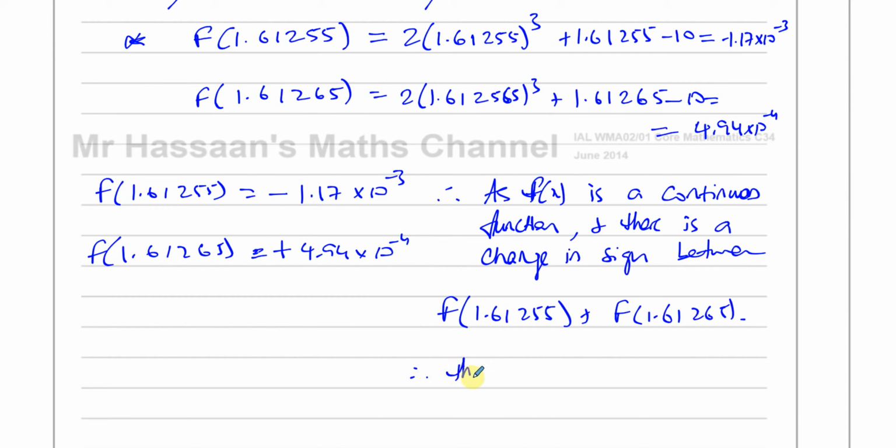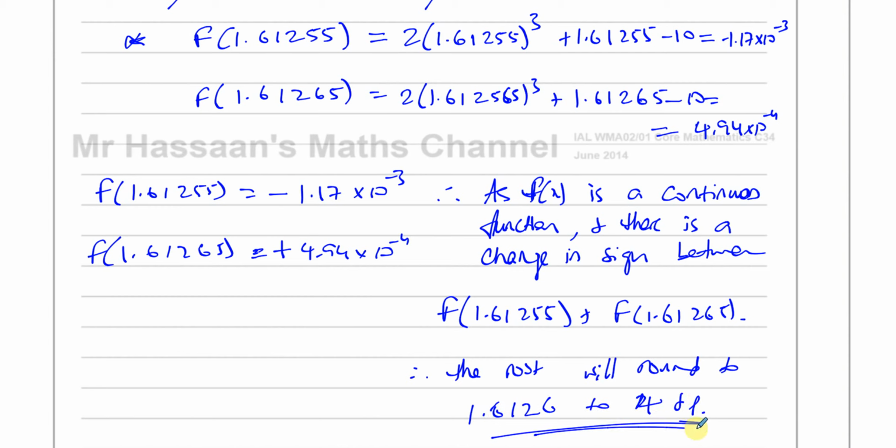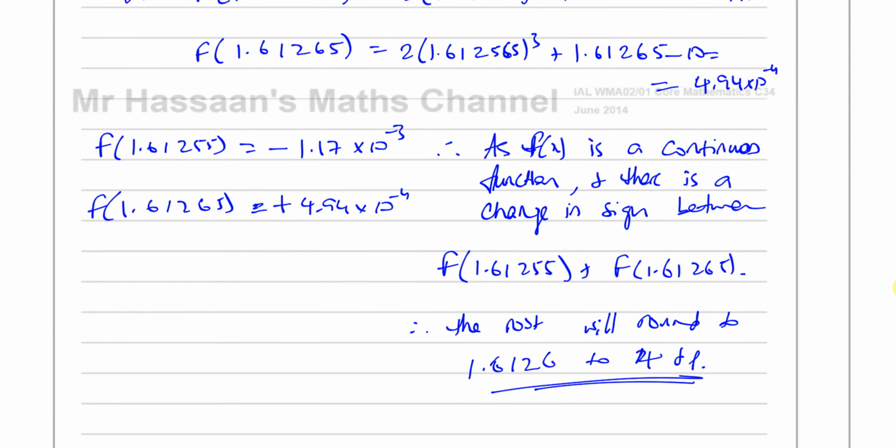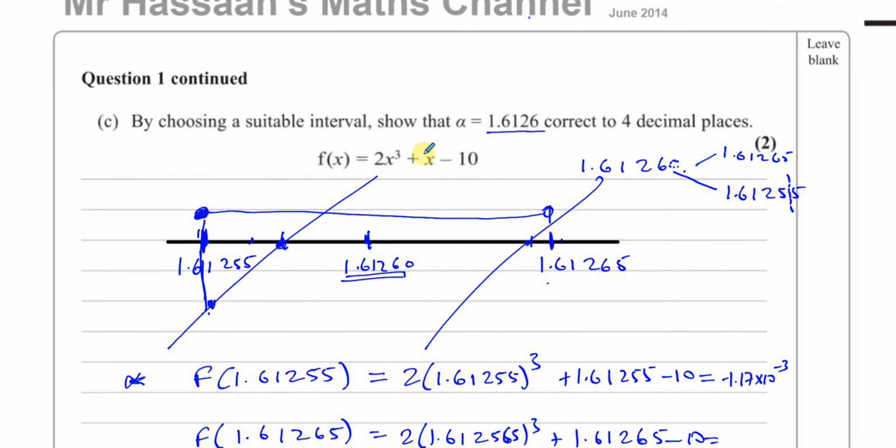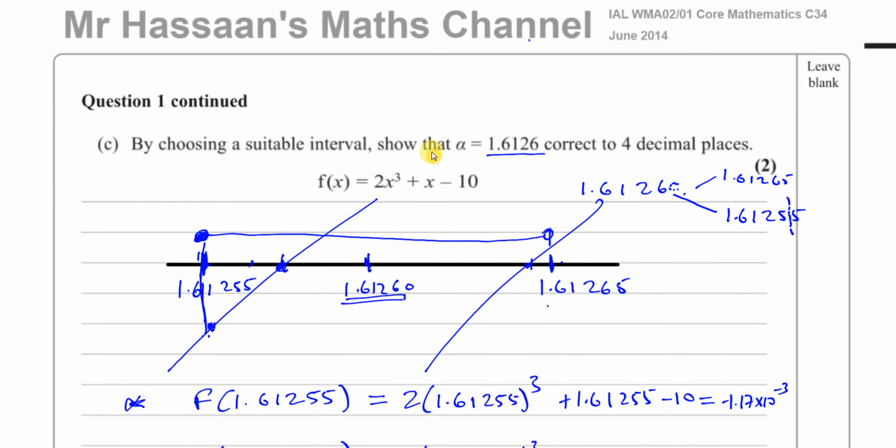Therefore, the root will round to 1.6126 to 4 decimal places. Okay, something like that. As I said, forgive my bad handwriting, but that's the way it is. So there we have the answer to this question.